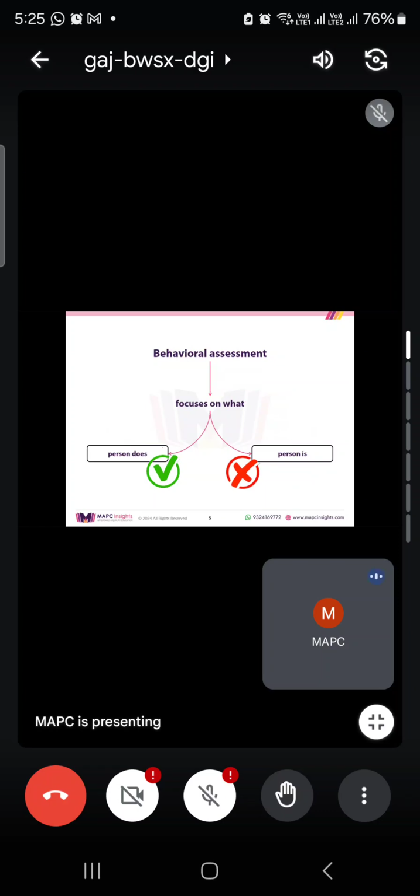Behavioral assessment focuses on what the person does, what the person is doing, that is most important, rather than what the person actually is. We are not bothered about what the person is, we are bothered about what the person does, because what a person does is his behavior.